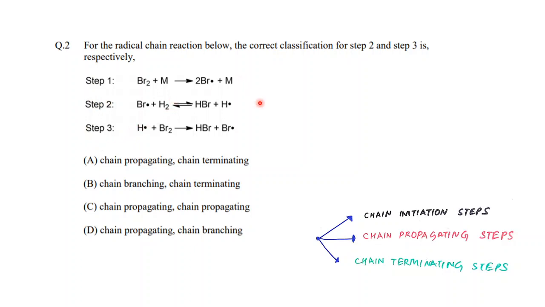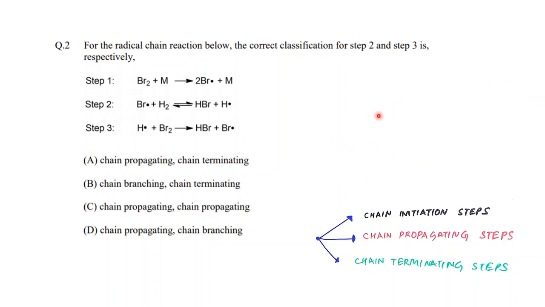Before solving the question, let's try and understand what the steps of a complex reaction are. In general, there are three steps: chain initiation, chain propagation, and chain termination. What is the chain initiation step? When light or heat falls on a molecule, the molecule dissociates to form radicals.